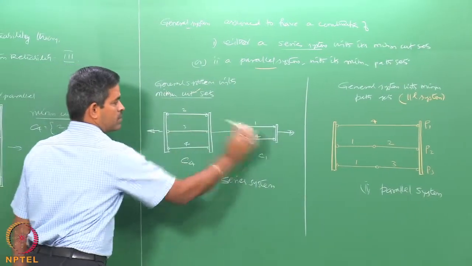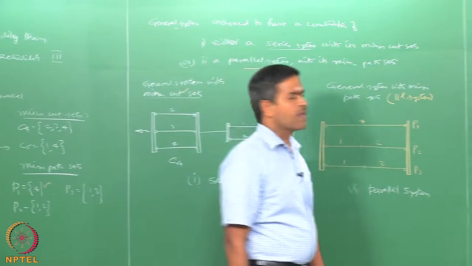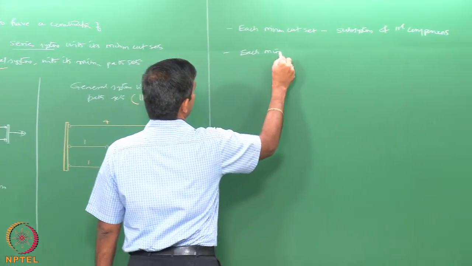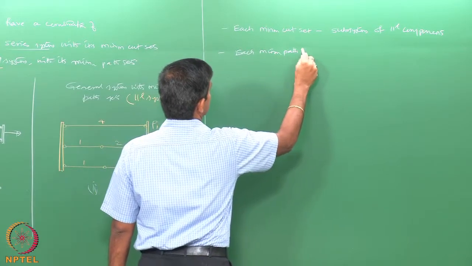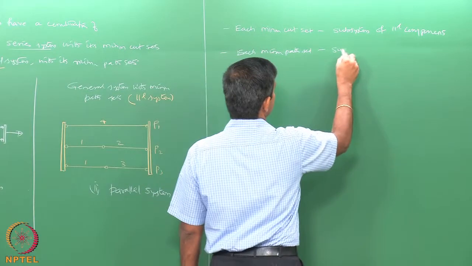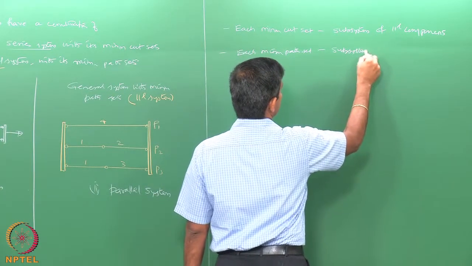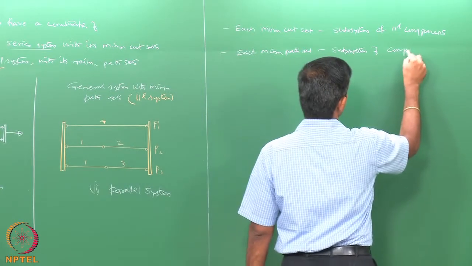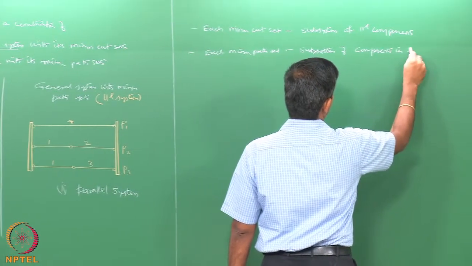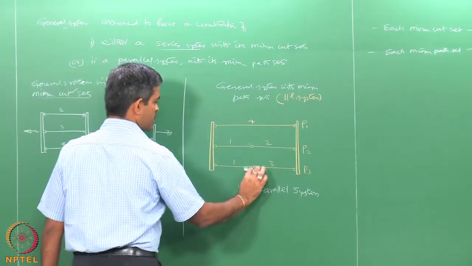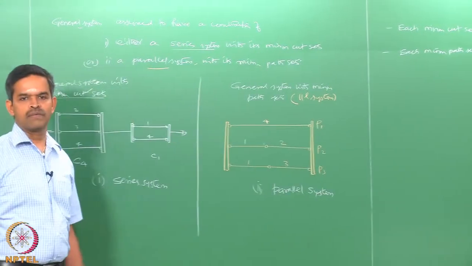Is actually a subsystem of parallel components, is it not? And each minimum path set is actually a subsystem of components in series. You can see here components in series, but it is a parallel system.